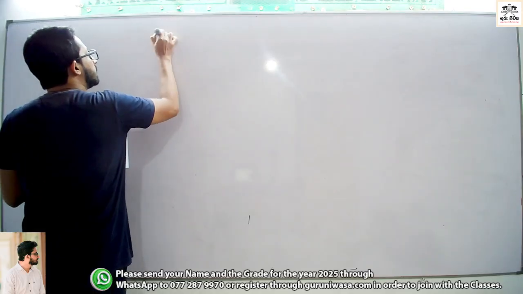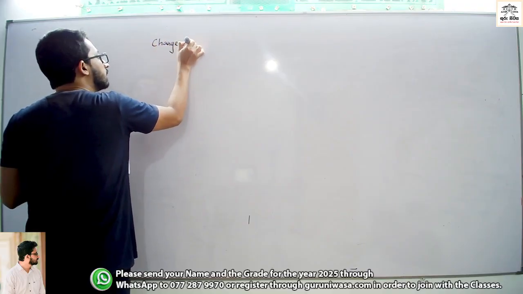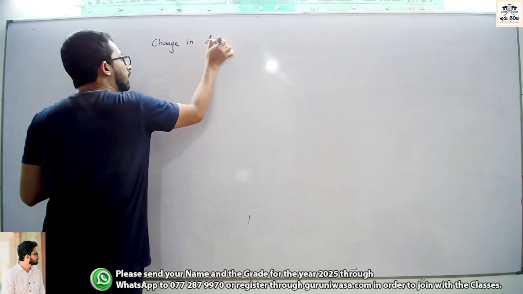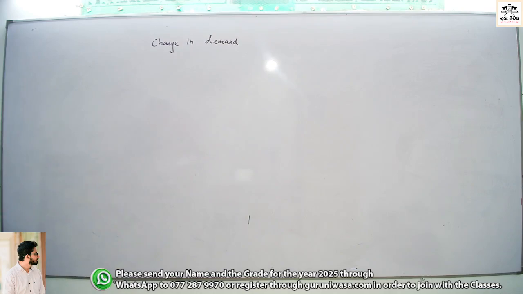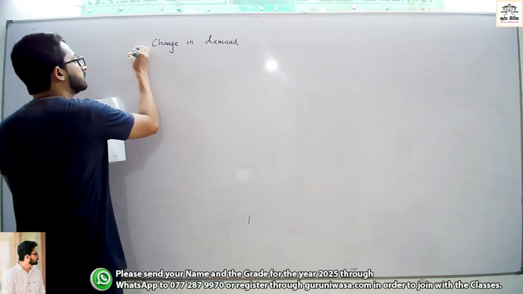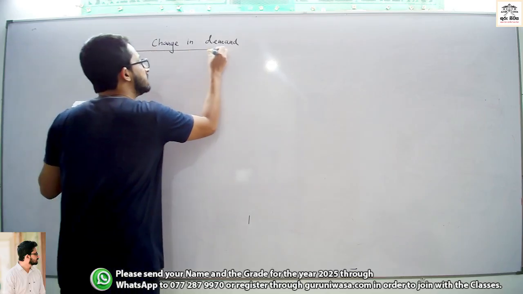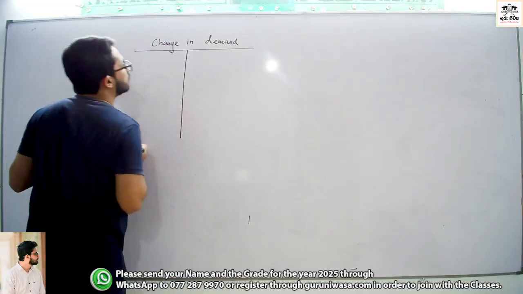First one, change in demand. Complete the table. Change in demand consists of two parts. What are the two parts?